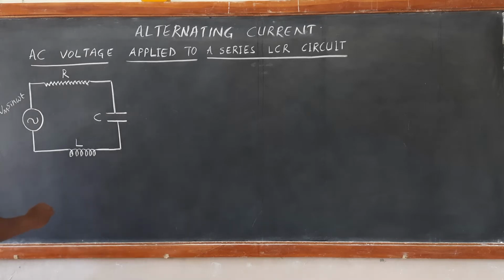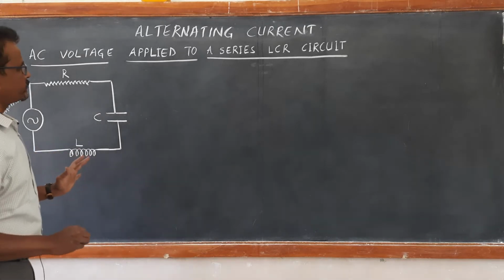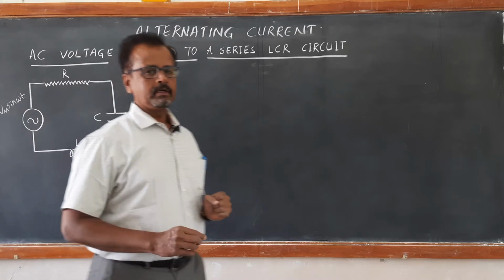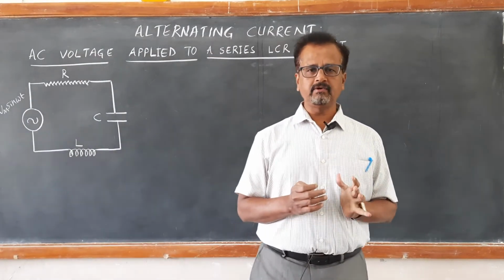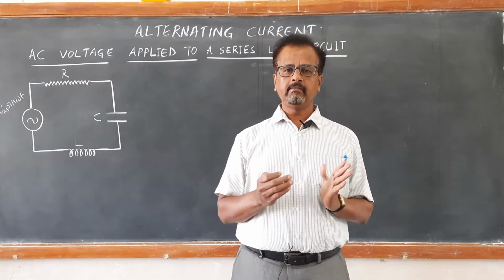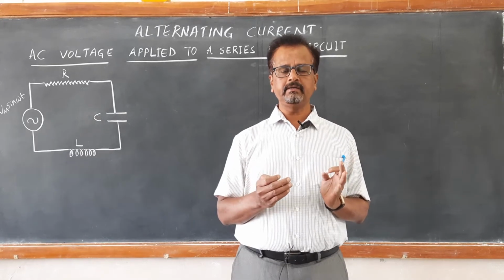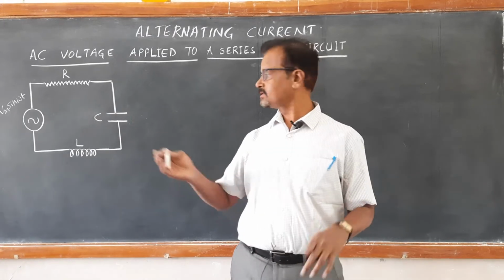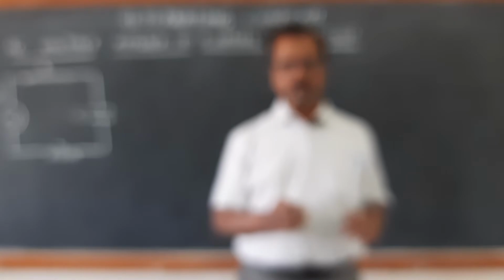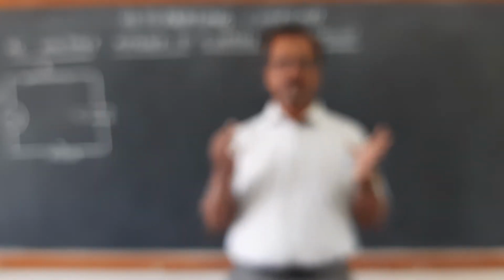This is the AC voltage, and we would like to find out the instantaneous value of current and how it will have a phase relation with the voltage. Let Q be the charge stored in the capacitor and I the instantaneous current.